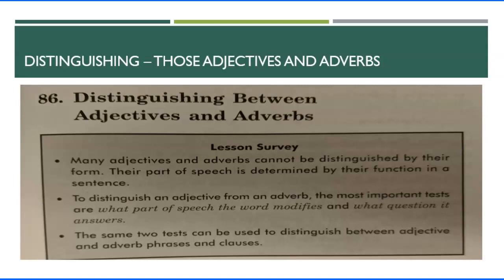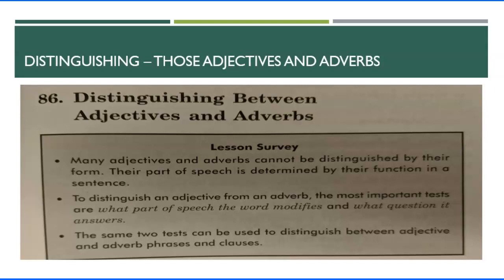Is it modifying an adjective, or is it modifying an adverb? Sometimes the same word can actually be an adjective or an adverb, and so then you really have to look to determine. A lot of ly words are adverbs, but there are some that are adjectives. So there's all kinds of things that we have to think about.